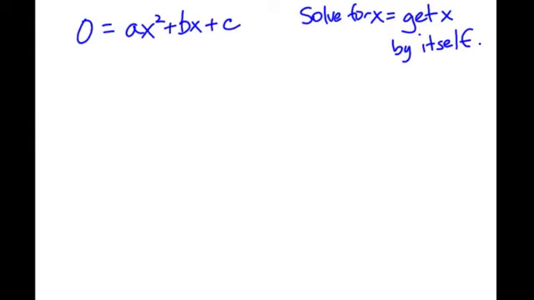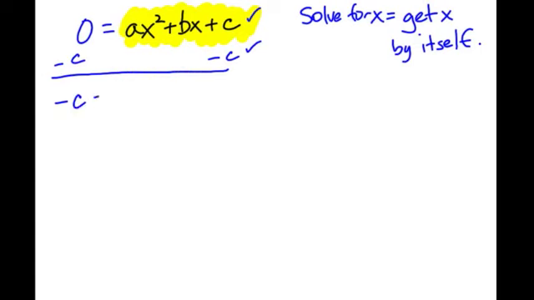And so we've got all this stuff over here, all this stuff with x, and we just want x by itself. So let's start to get rid of some of that stuff. Let's subtract c. And we have negative c equals ax squared plus bx.